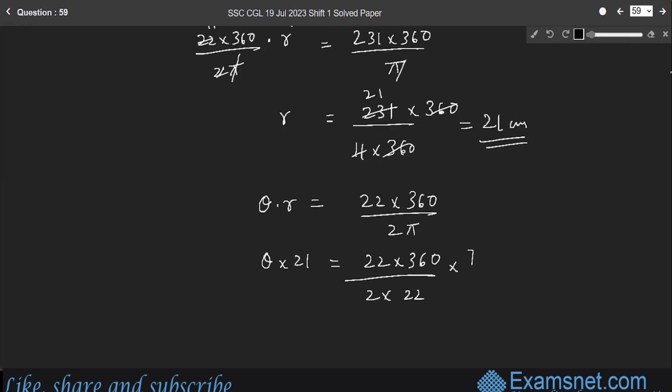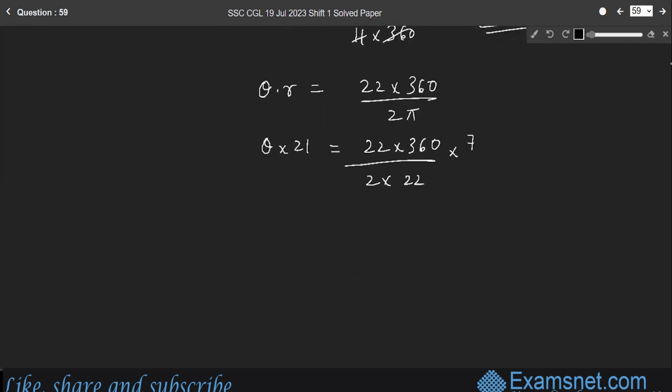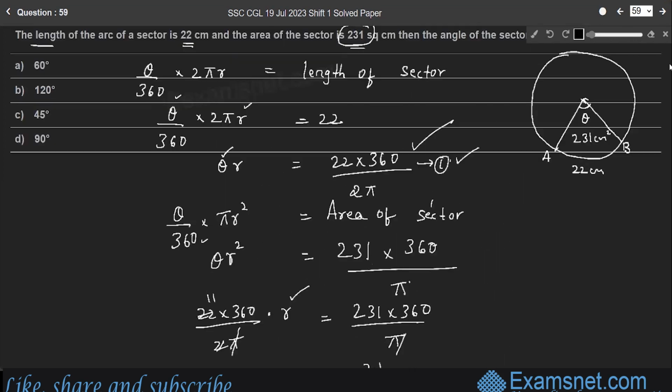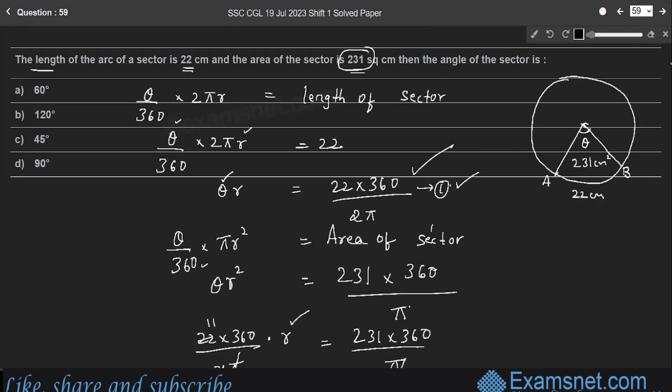This 7 goes to the numerator. Right? Therefore, we can cancel 22 and 22. So 2 into 180 is 360. So theta is equal to 180 into 7 by 21. Then 7 into 3 is 21, 3 into 6 is 18, 3 into 60. So theta is 60 degree. Right? So the angle of the sector is 60 degree. Therefore, option A is the right answer.